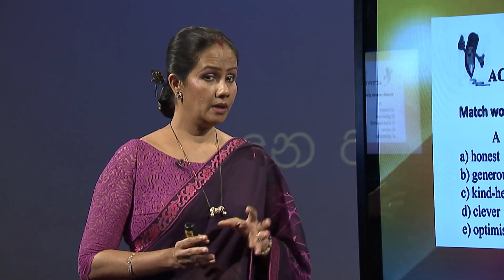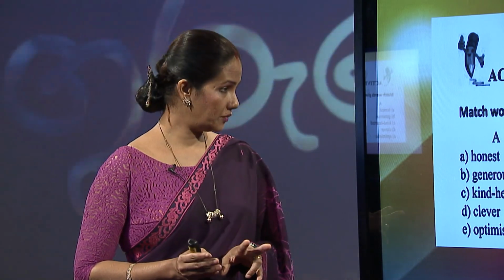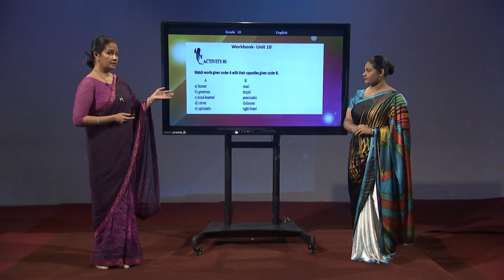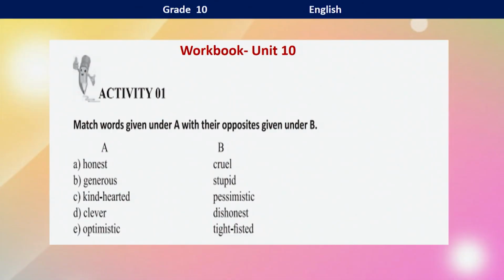So remember, opposites and antonyms are the same word. That's right. So these are the words given under column A and column B. Column A: honest, generous, kind-hearted, clever, optimistic. Column B: cruel, stupid, pessimistic, dishonest, tight-fisted.